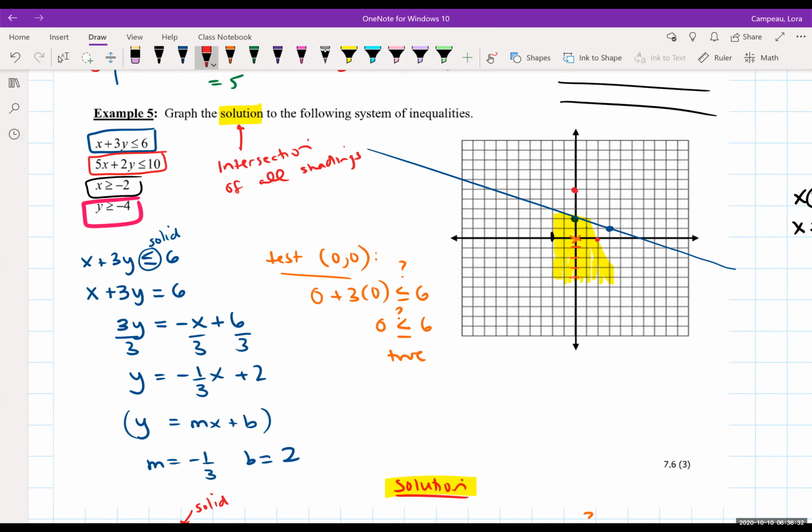Okay. So maybe you get a cleaner idea. There we go. And then x is greater than -2. That wasn't quite straight. I'll try harder. And y is greater than -4.